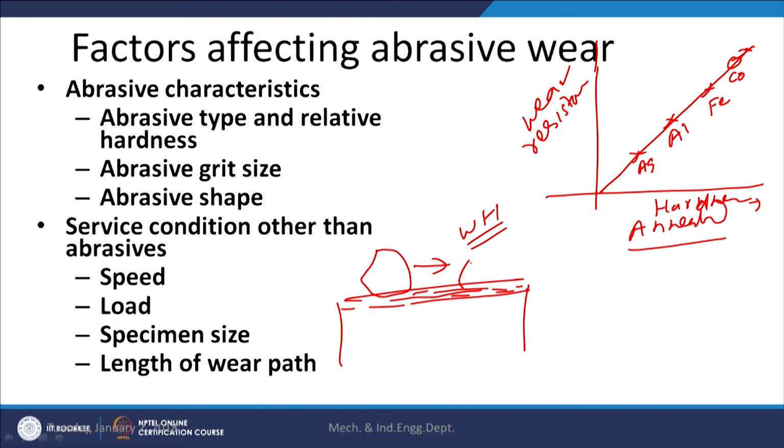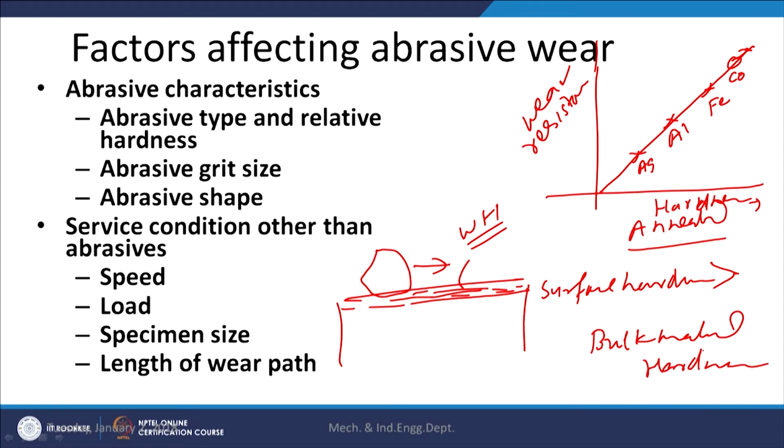Under the work hardening effect, obviously the surface hardness will be greater than the bulk material hardness. So, this leads to somewhat better resistance to abrasion, and this is observed primarily due to the surface layer deformation and the work hardening effect.